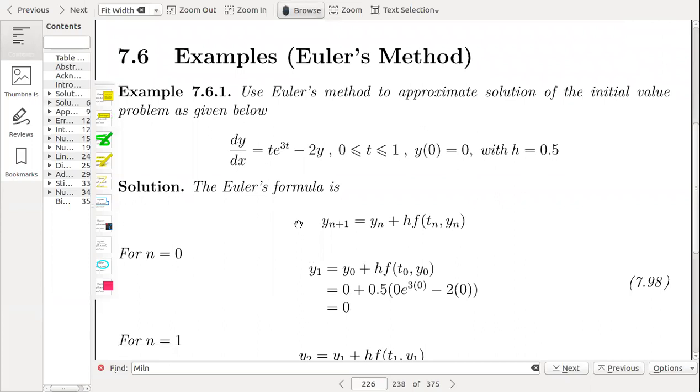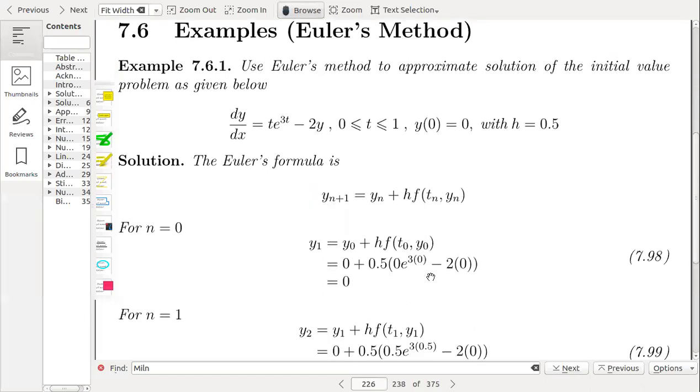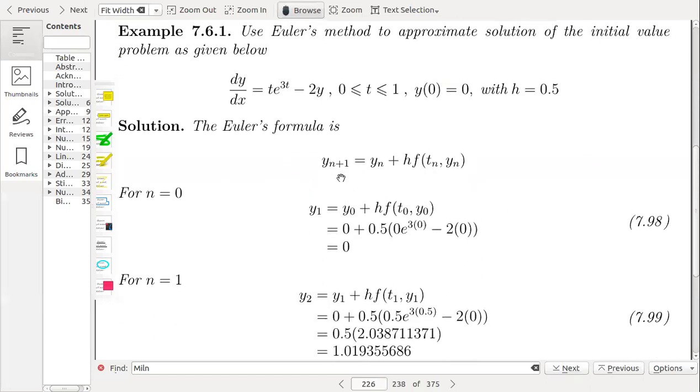There is no difference between the Runge-Kutta method of order 1 and the Euler formula. This Euler formula is y(n+1) is equal to yn plus h f of tn, yn.